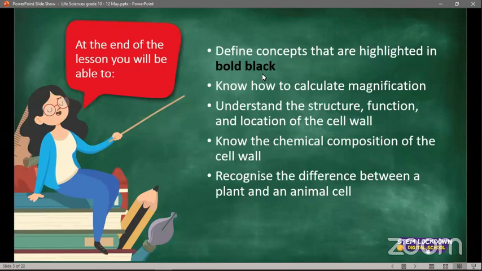Or even in a test or your exams, your paper 3 will be based on your practicals. So you should know this. And I want you guys to be able to understand the structure, function, and location of the cell wall, to know the chemical composition of the cell wall, and lastly, to recognize the difference between a plant and an animal cell.